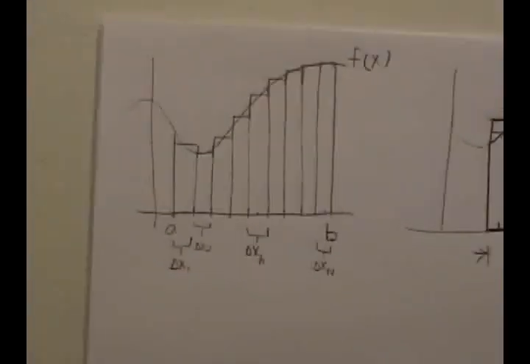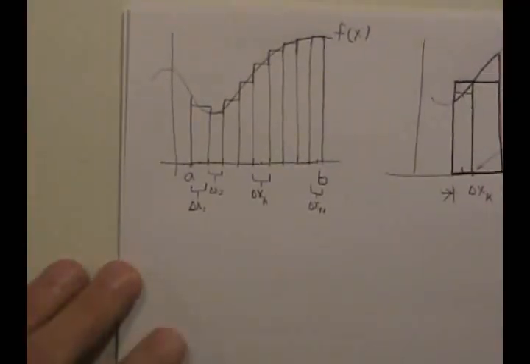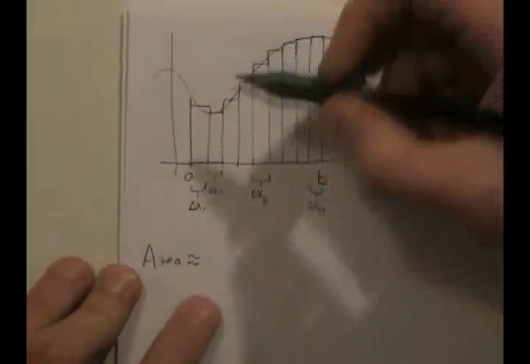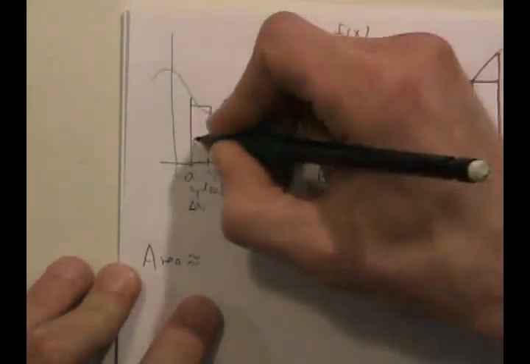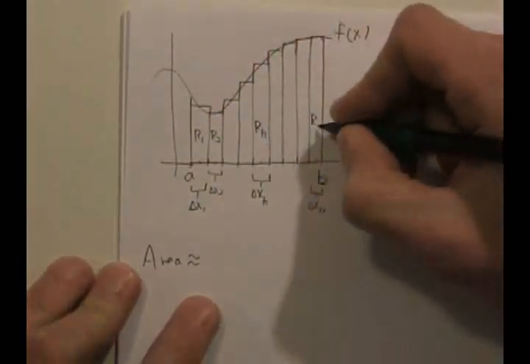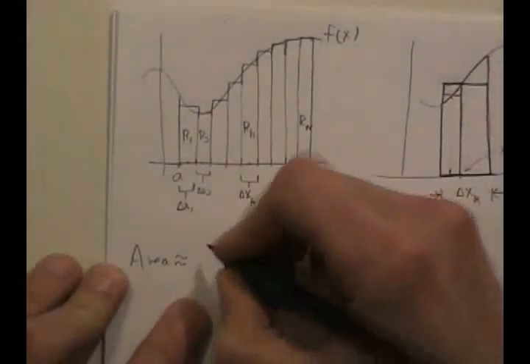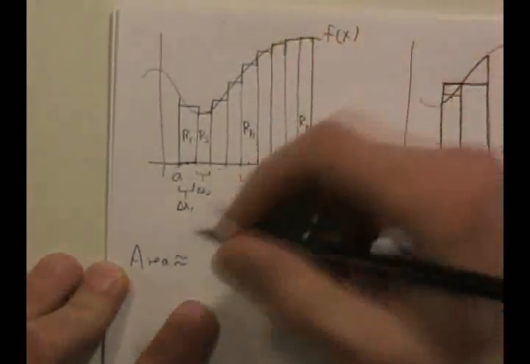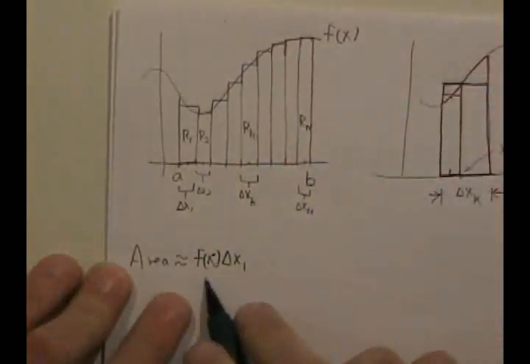Let me write this out in sigma notation here. All right. What we have is the area is approximately equal to, now what's this going to be? We're going to be adding up the areas of these rectangles. So I'll call this, say, R1 and R2, and this one will be R sub k, all the way up to R sub n. So the area of the first rectangle will be delta x1, right, for the base, times the height, and that'll be f of x1 star, right? It's base times height.